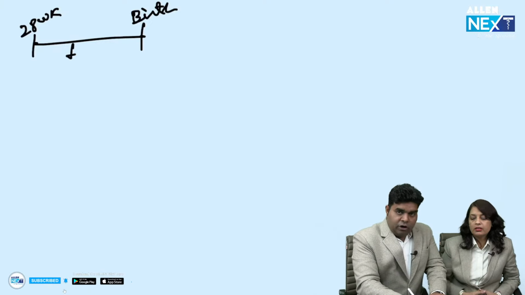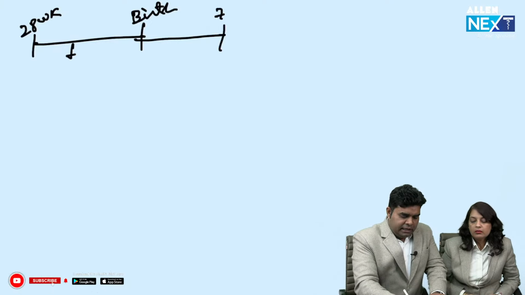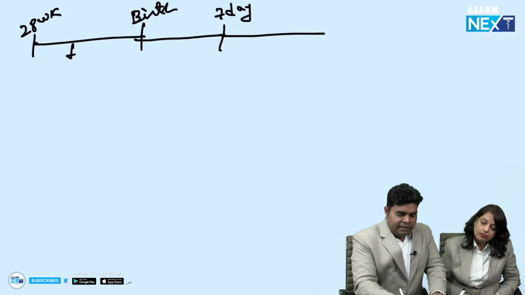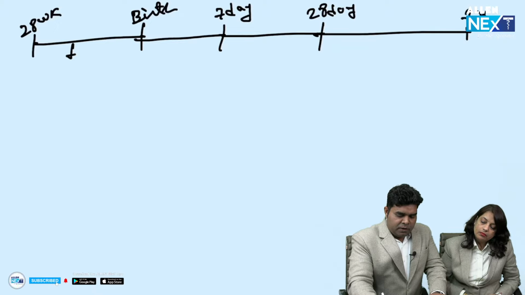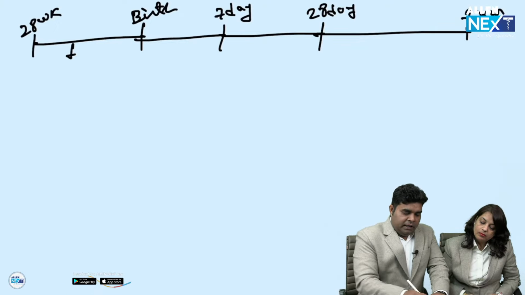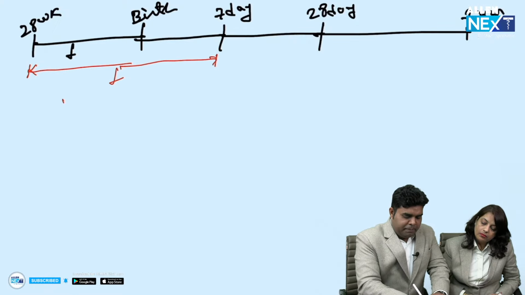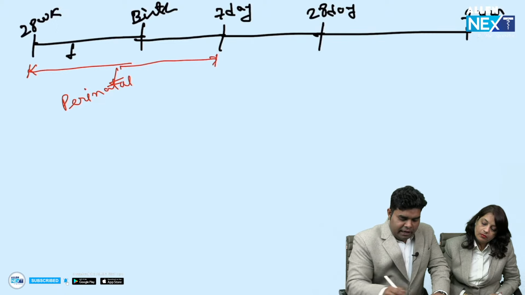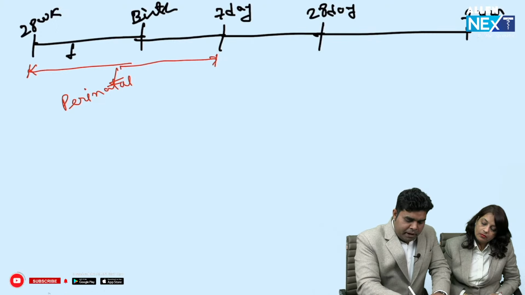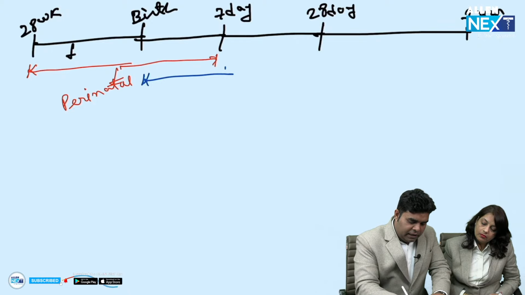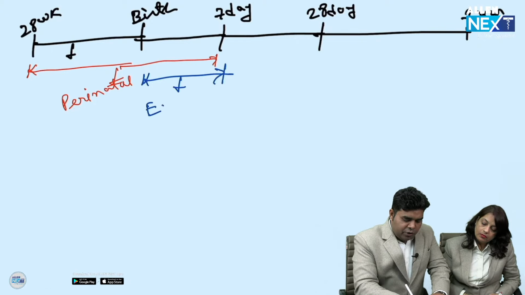In between, any complication can cause it. Then this is the first 7 days, then this is 28 days, and this is 1 year. So if you are looking at this whole period, birth to 7 days, this is perinatal. The numerator is this. If you are looking at birth to first 7 days only, this is early neonatal.